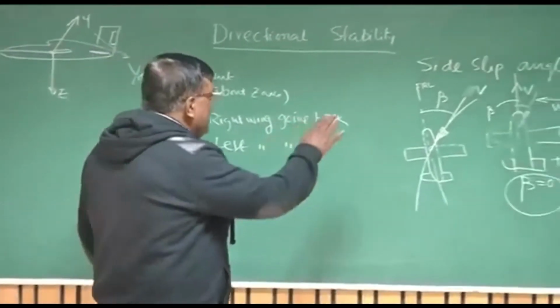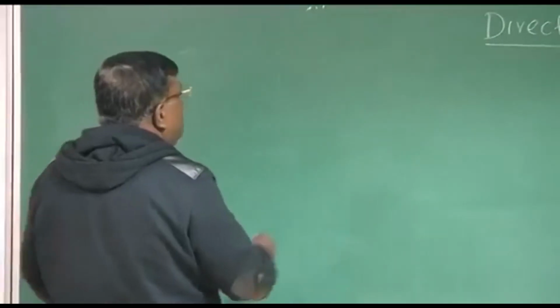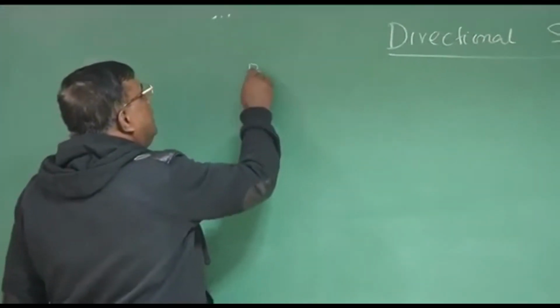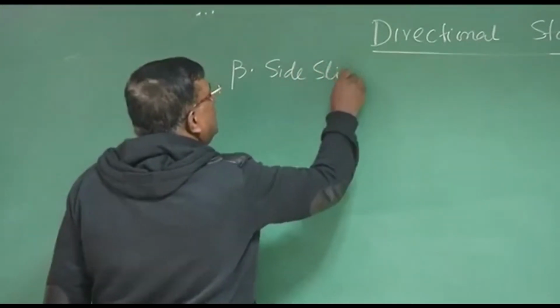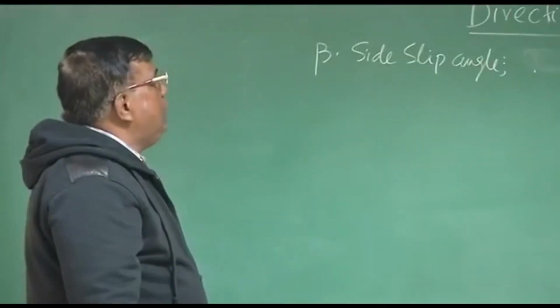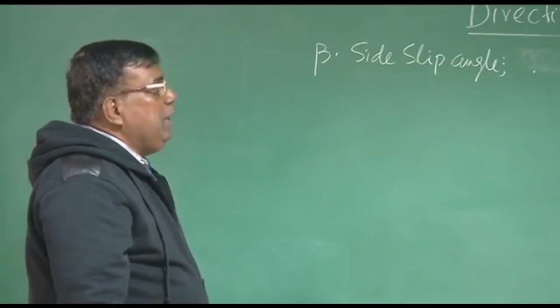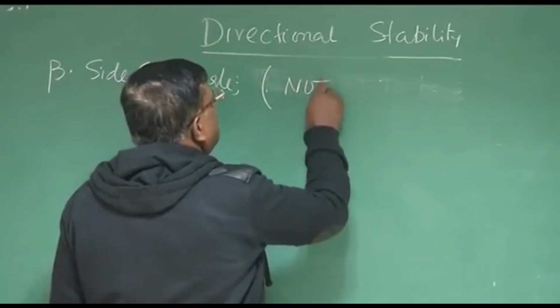Let us understand this concept a little more clearly before we go to the next step. We have just introduced beta, which is the side slip angle, and be careful, this is not yaw angle.